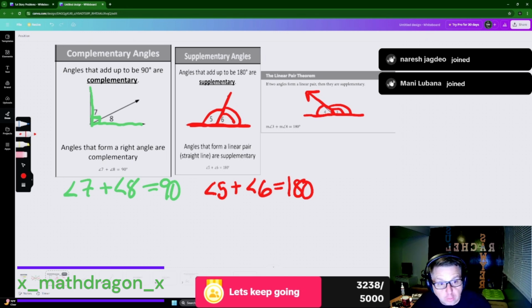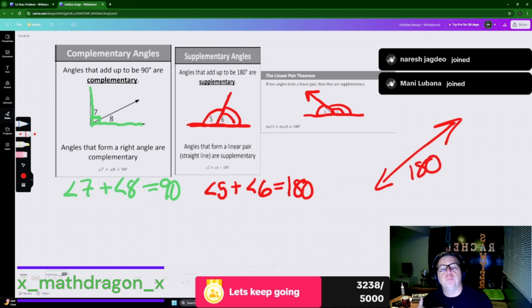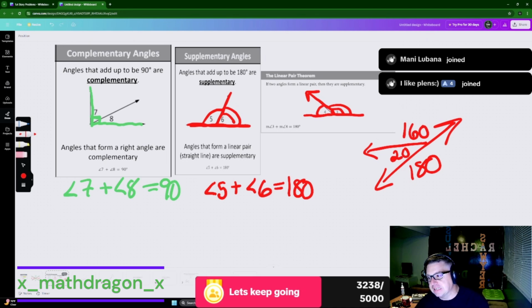And you really want to start to commit to memory: anytime you have a straight line, it's 180 degrees. If you can memorize that, you will make your life significantly easier. So if I know one of these is 20, then I know the other angle has to be 160, to make them both equal 180 when I add them together.